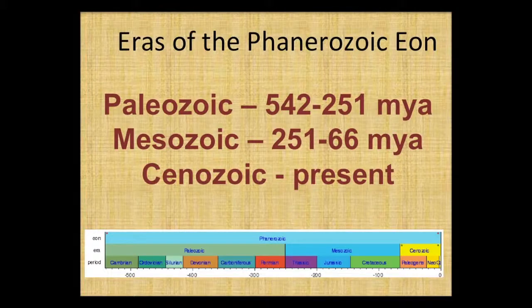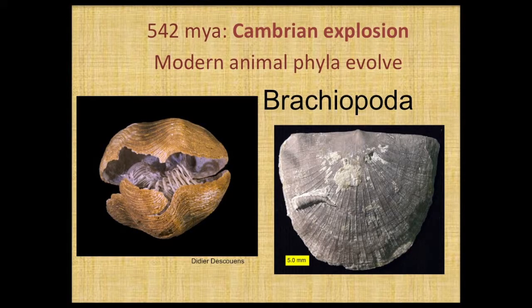The Phanerozoic is divided into 3 eras: the Paleozoic, the Mesozoic, and the Cenozoic. So old life, middle life, and recent life. In the Cambrian explosion, in the Cambrian period, you get the familiar animal phyla, such as brachiopods, which are still living.